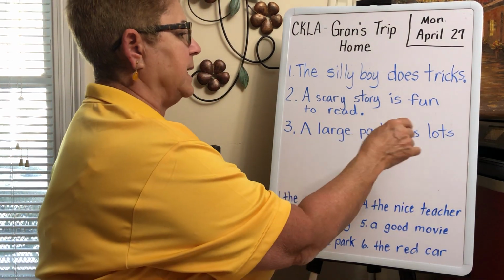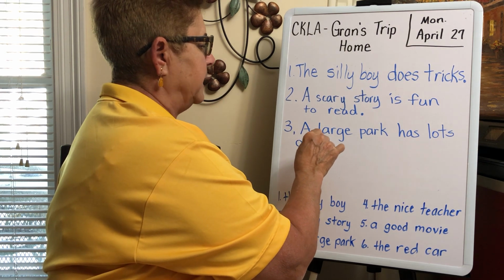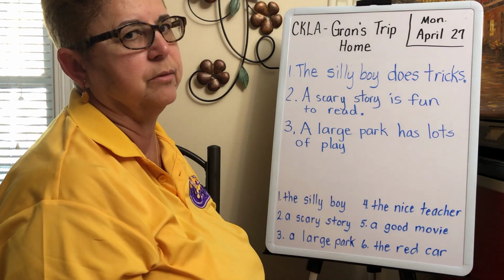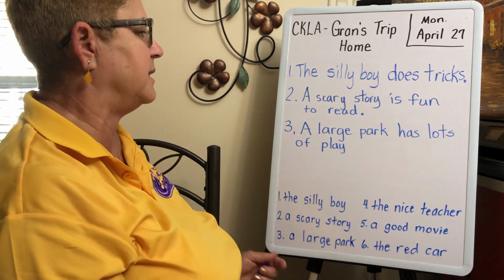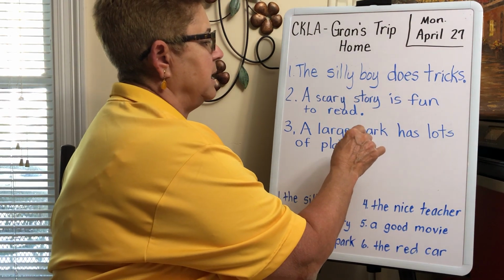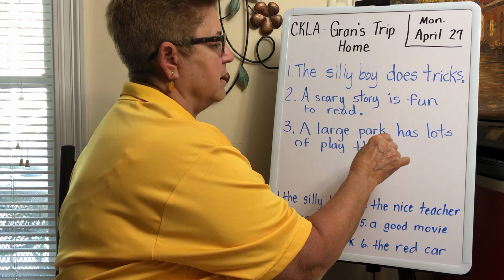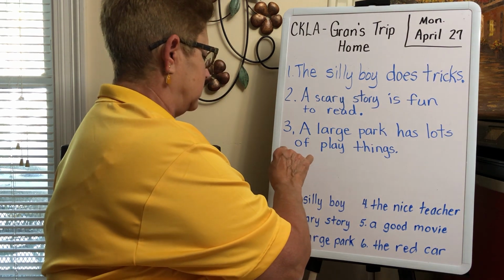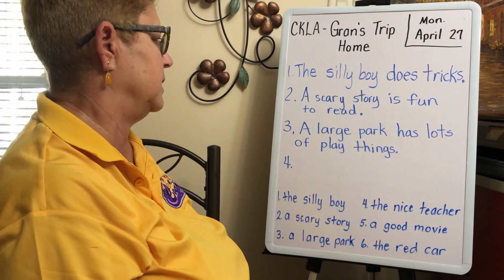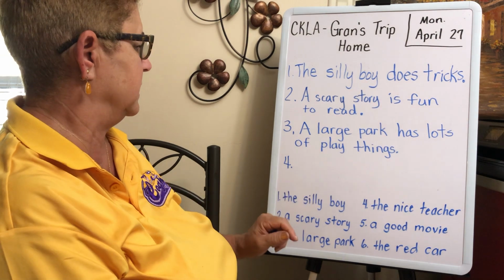A large park has lots of play. Now we could say equipment, but that's a real hard word to write. So let's say things. A large park has lots of playthings, meaning a slide and a swing and a merry-go-round and maybe a sandbox. And think of some other things that a park could have on it. So far we have a large park has lots of playthings.